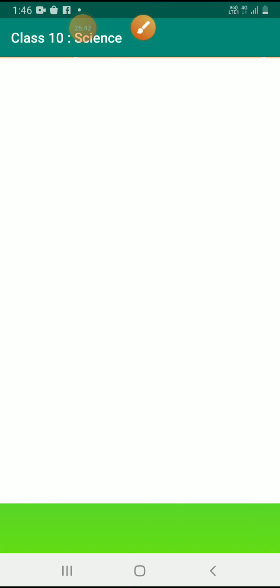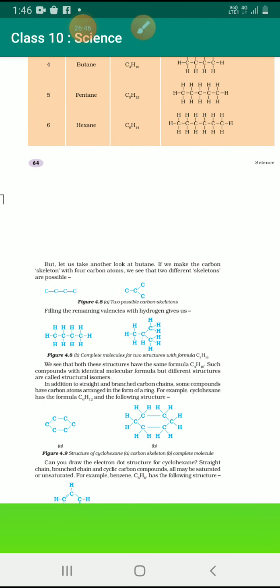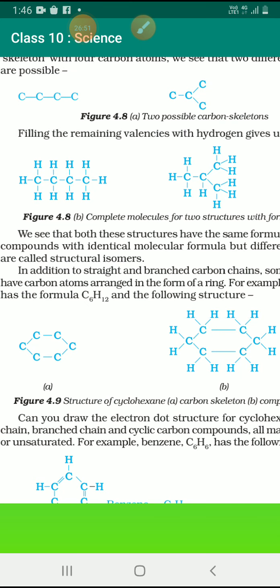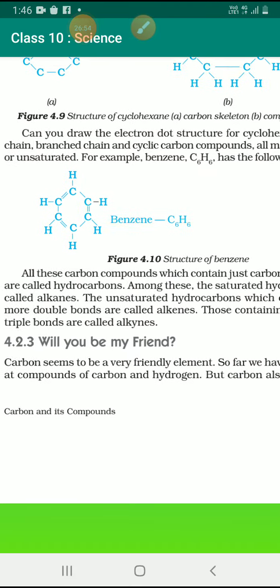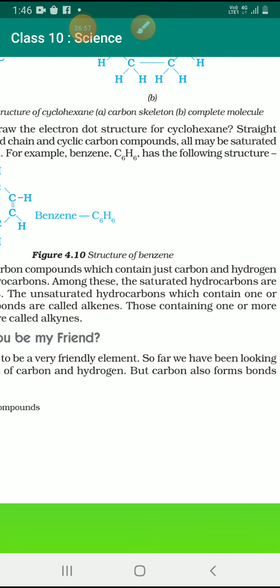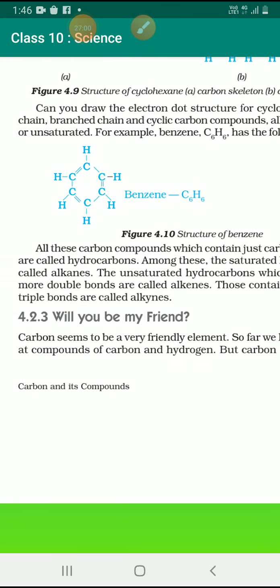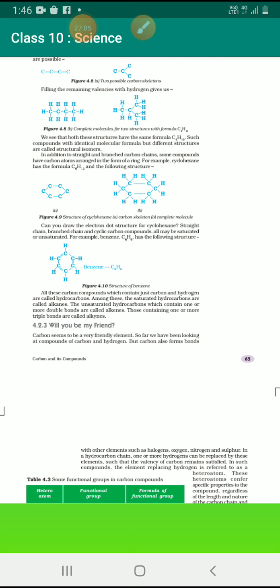Okay. So next, this is the aromatic compound. Aromatic means which has a strong aroma, means more strong smell. Okay, strong smell. So look at here. So all these carbon compounds which contain just carbon and hydrogen are called hydrocarbons. Look at here. And next, try to understand what do you mean by hydrocarbons, as the name indicates.